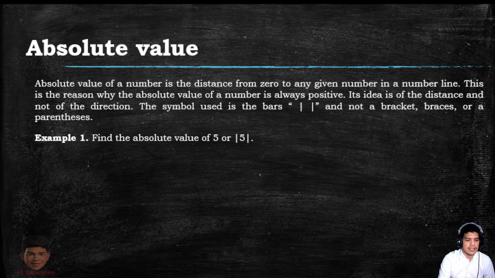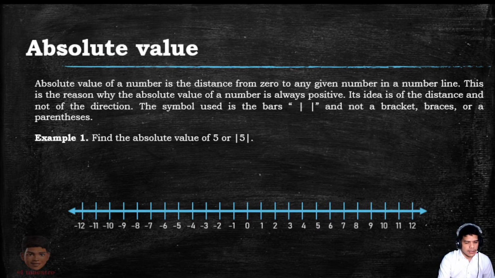So, let's have the definition. We have a number line here. Then it says, from 0. So, let's look. From 0 there, it says, from or to any given number in a number line. So, in our example, we're looking for the absolute value of 5.